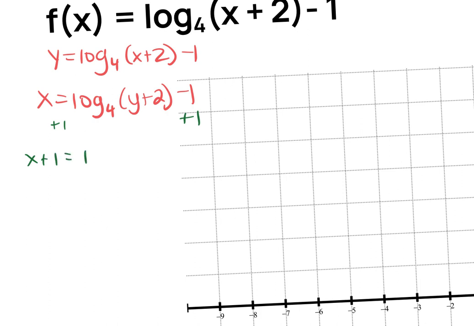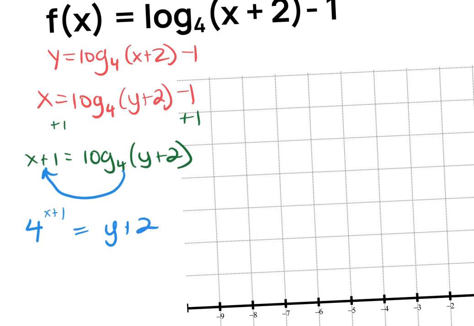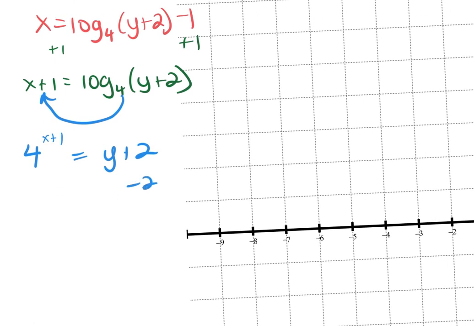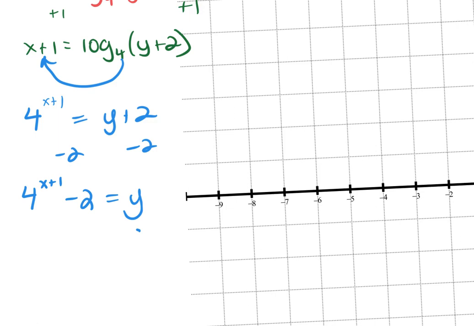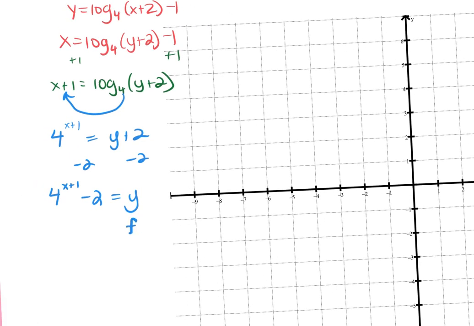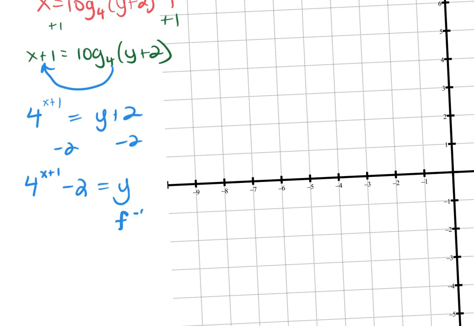X plus 1 equals log base 4 of y plus 2. Then the 4 picks up the x plus 1 equals y plus 2. My last step is to subtract the 2. This is the inverse function, so this is now f, negative 1 of x.